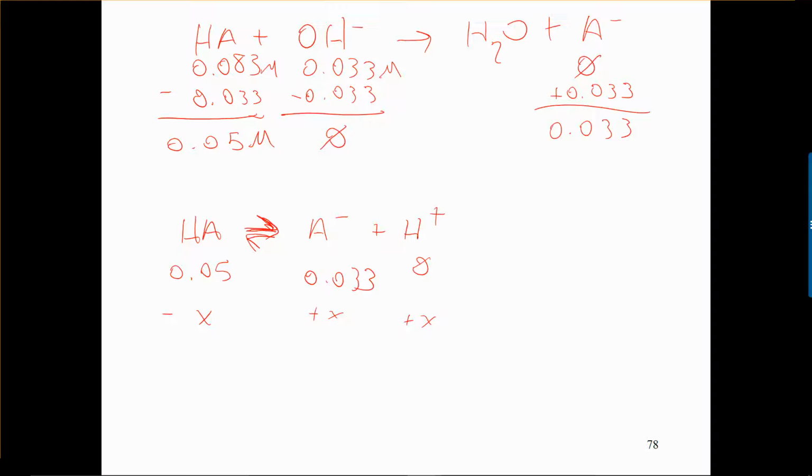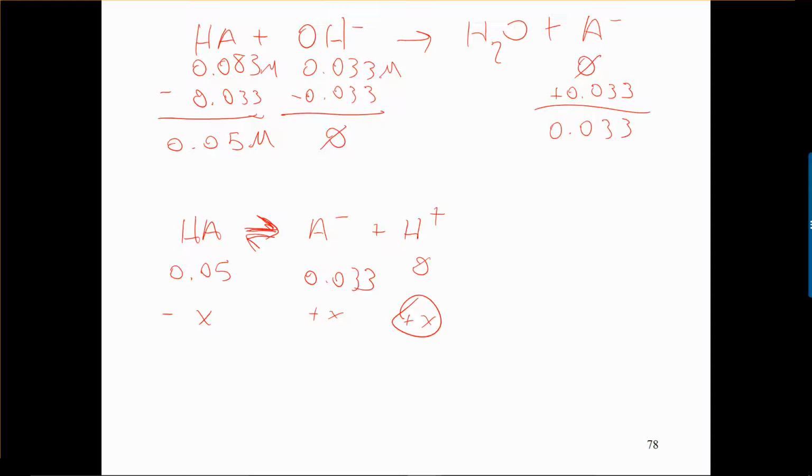Then I could set up the equilibrium equation, but I drop all the x's, and solving for H plus simply ends up being the Henderson-Hasselbalch equation.